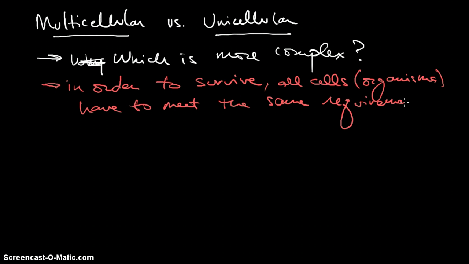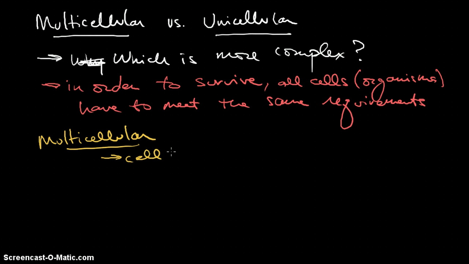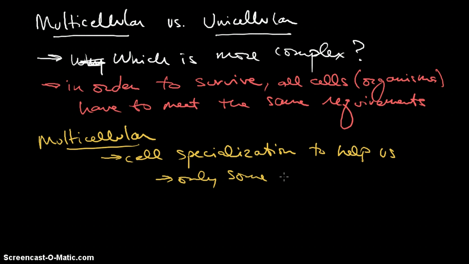If we think about it from that perspective, that means that unicellular organisms, well, let's think about multicellular. I guess let's think about ourselves first. Not to be selfish, but multicellular organisms have cell specialization, which means that we have cells that do different things. They specialize in different jobs. And really what that means is that only some cells do some things.